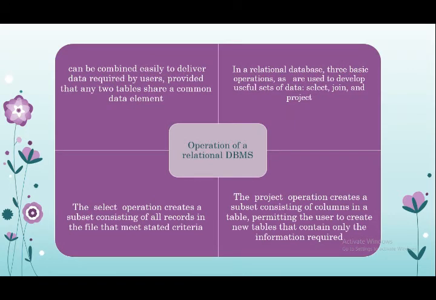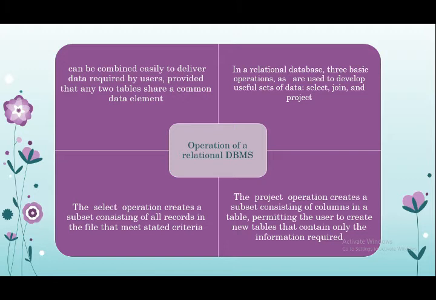For the operation of a relational DBMS, tables can be combined easily to deliver data required by users, provided that any two tables share a common data element. In a relational database, three basic operations are used to develop a useful set of data: select, join, and project.